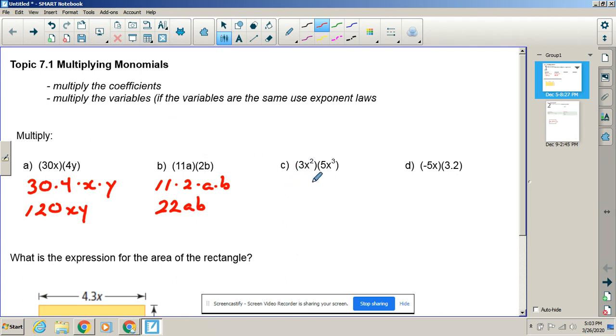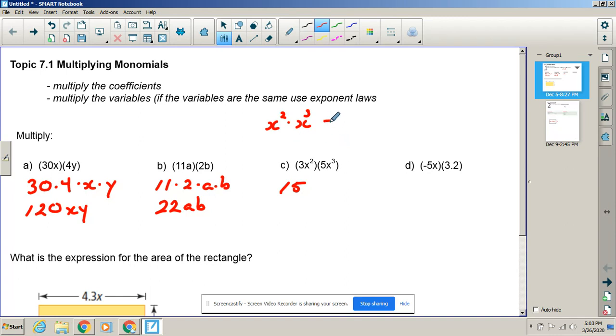C, same process. Again, I'm taking this monomial 3x squared times 5x cubed. I multiply the coefficients, 3 times 5. That gives me 15. And x squared times x cubed. This is where I use exponent laws. Again, we learned earlier in the year, if I'm taking x squared times x cubed, this is the product of powers exponent law.